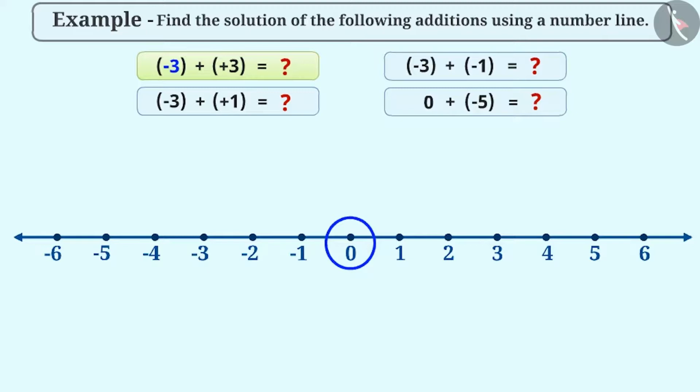On the number line, we first move 3 steps to the left of 0. The second number is plus 3, that is a positive integer. Here, the positive sign shows we need to move to the right and the number shows the number of steps to be moved. Hence, we move 3 steps to the right and reach 0. This is the result of -3 plus +3.